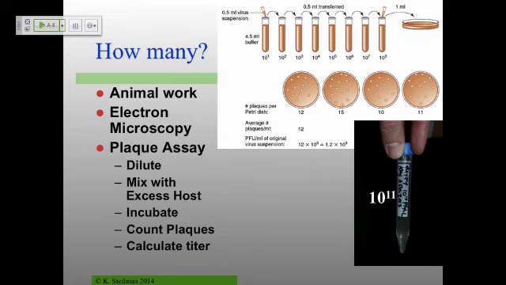You don't actually know if they're infectious. And the second one is they're really low throughput. You're not going to count 10 to the 11 particles in an electron microscope. And anyone who's done electron microscopy, I know a few of you have, knows that it's really not quantitative at all, at best semi-quantitative.